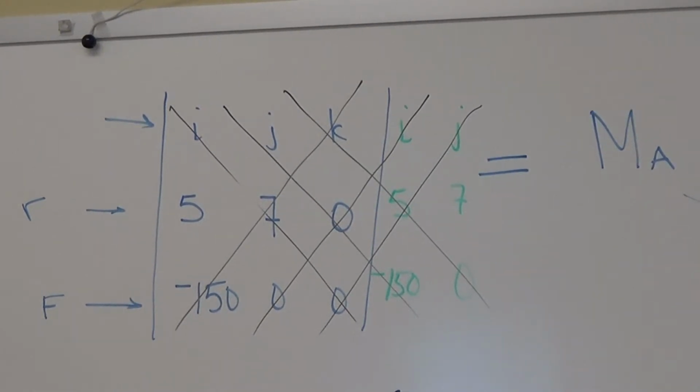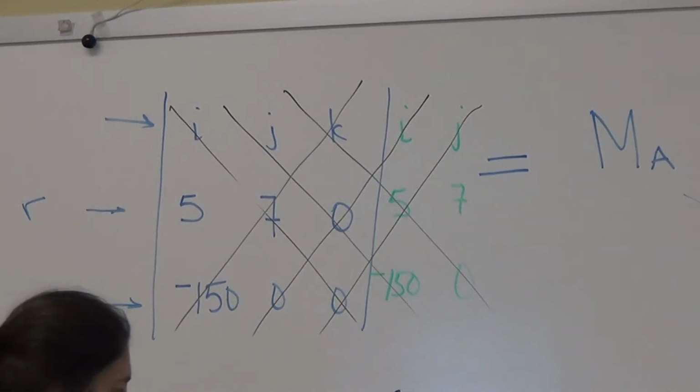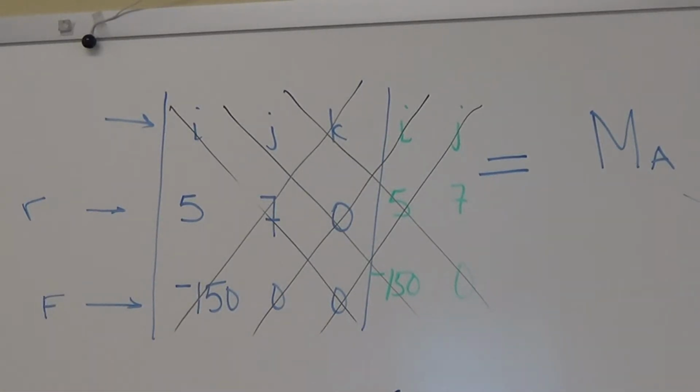So it's I times this minus J, remember the minus, this times this plus K, this times this, and here we get the same answer, 1050K inch pound. Did we get the same answer for MA that we got when we did it before? Yes. Good.